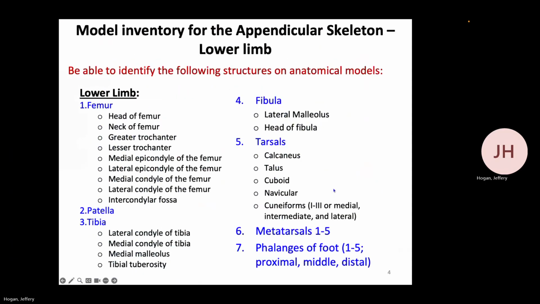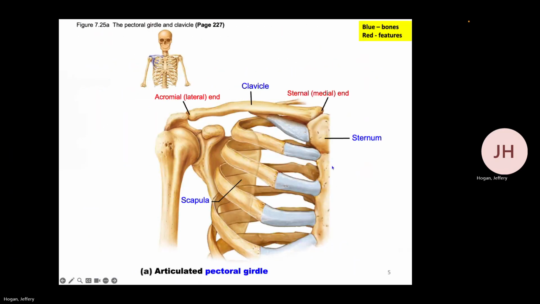All right, so starting with the pectoral girdle, starting right here in the front, we have the bones in place, right? So the clavicle, the collarbone, connects the scapula here to the front of the chest, right?